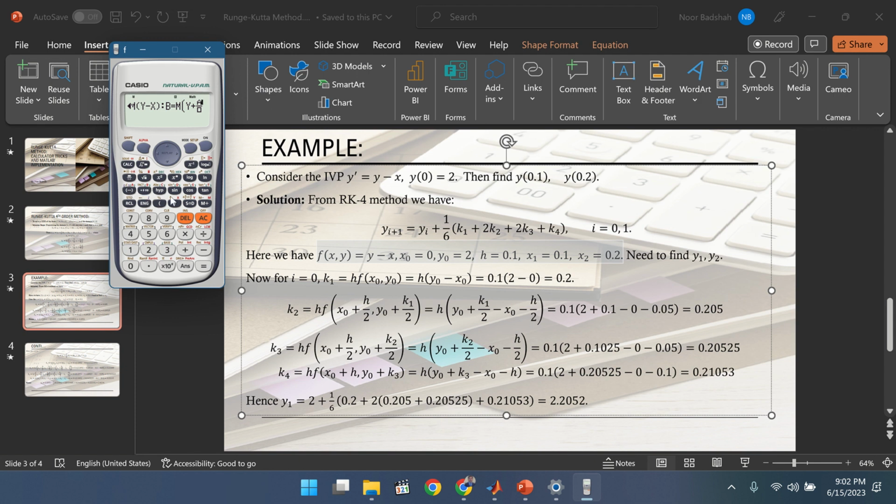So that's y plus k1 by 2, and you should remember k1 is a, and this is divided by 2, right? And then I'll take minus, so you see, it is x naught minus h by 2, but what do I call it? I may call this something like f or e, you can call it anything. So instead of using that x minus and then m by 2, I'm simply using e. So I'll basically be saving some space for myself.